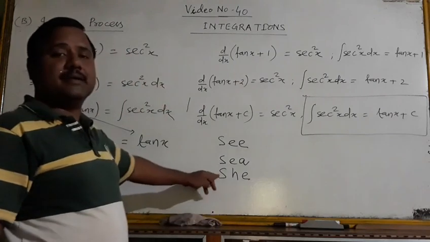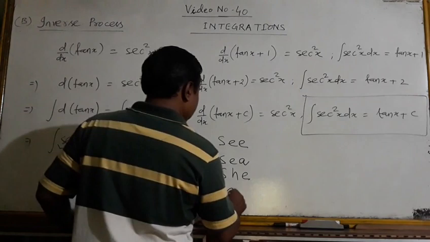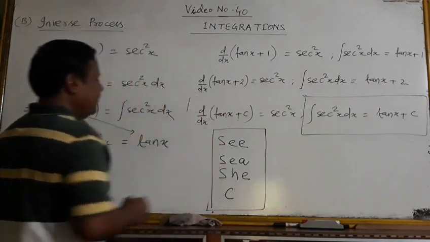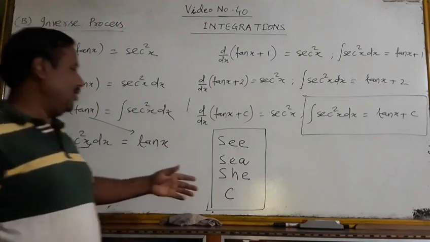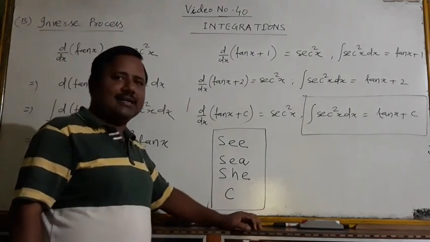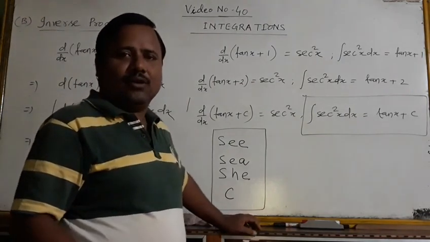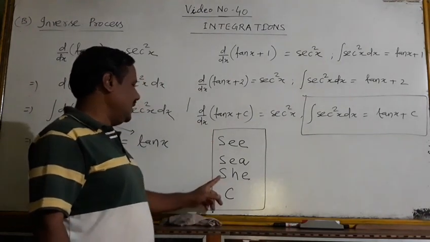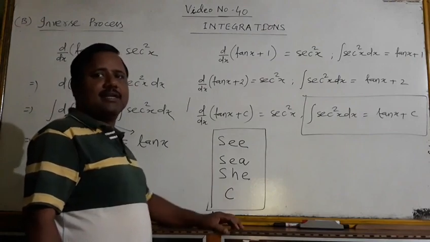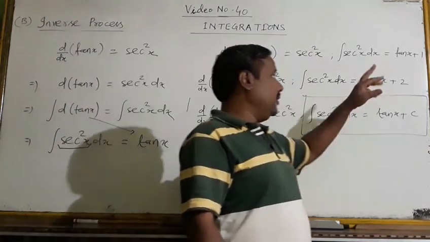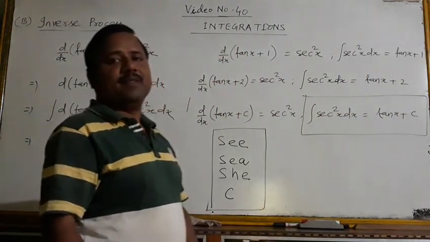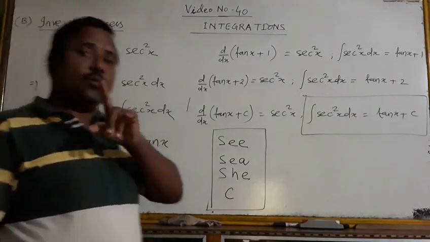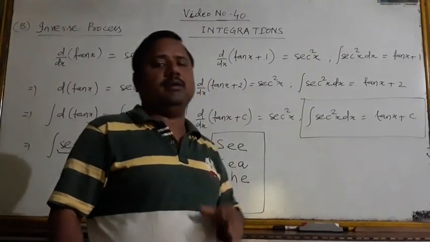So C is very important. Another is C. There are 4 C's in the world having a very, very important role. But here it is the very important role of C. If you do not write the C, you will not get any mark. You will lose 1 or half a mark from a long question.